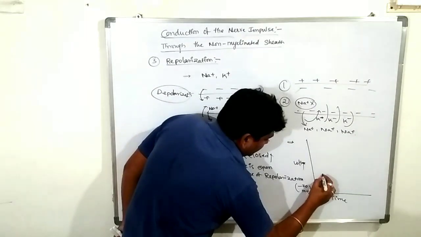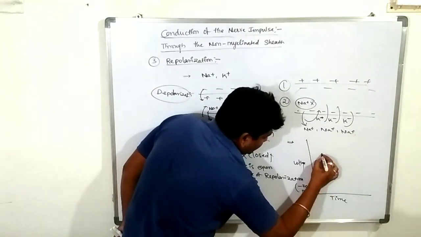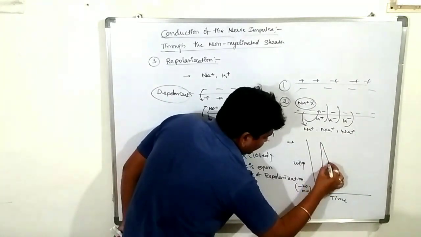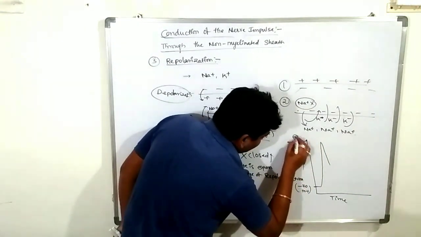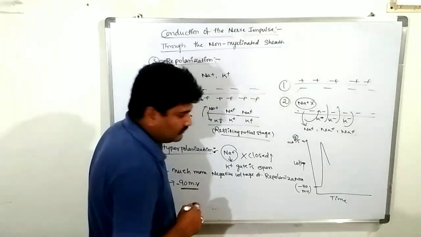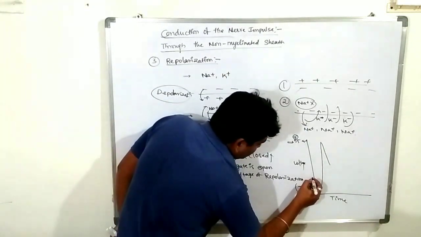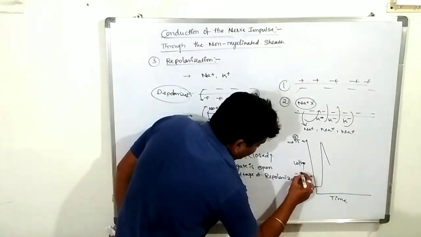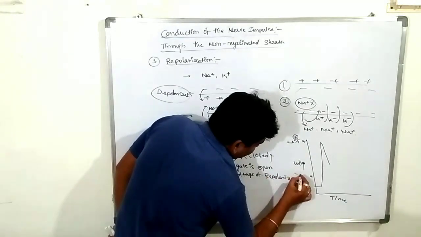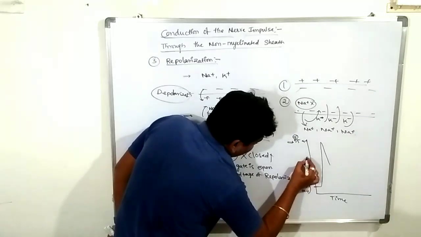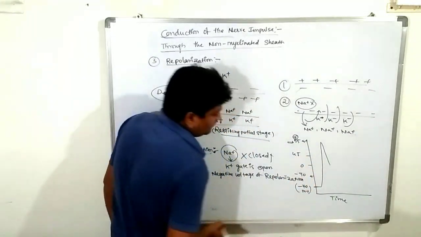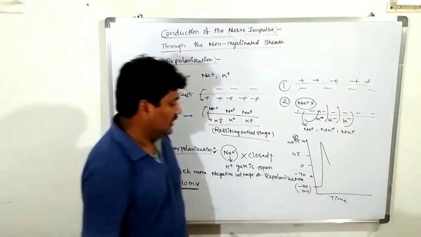So the nerve will rise to the highest level. The highest level is plus 55. This one is minus 90. This one is 0. This one is plus 45. So this is known as the graphical information.